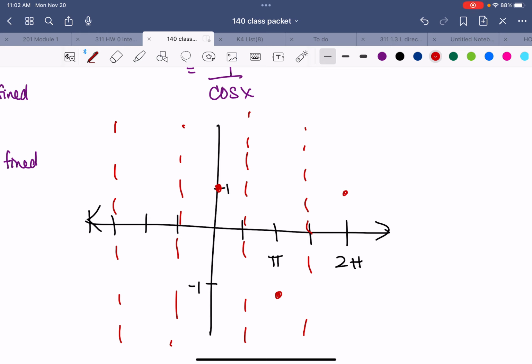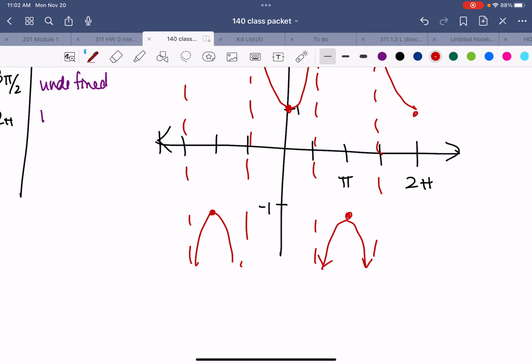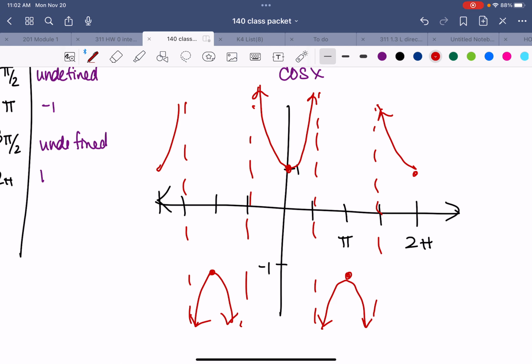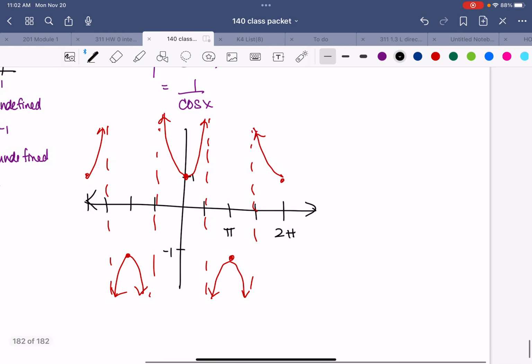So what happens is we end up with this. They're kind of little U shapes. Okay. Here, we can note that this is symmetric. So secant is an even function.